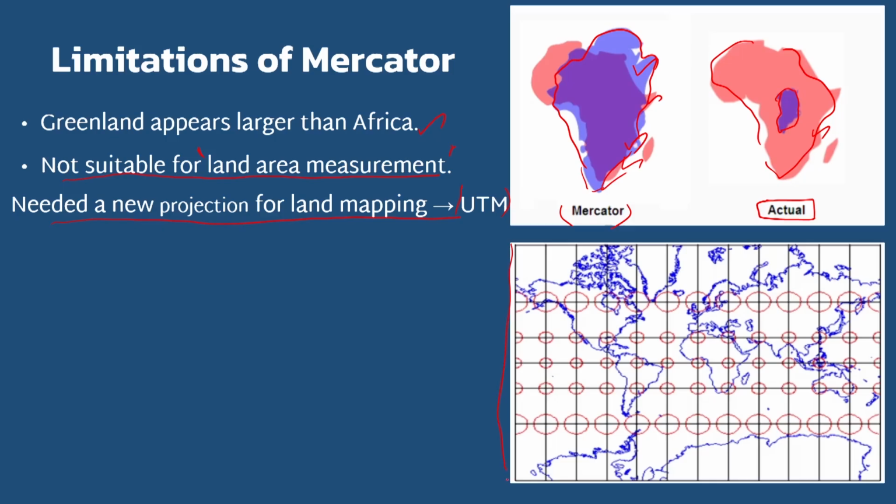Look at this map, this is Mercator projection, where in the equatorial area, assume that this is a 5 kilometer radius. If you start moving from the equator to the polar area, this circle is getting widened.